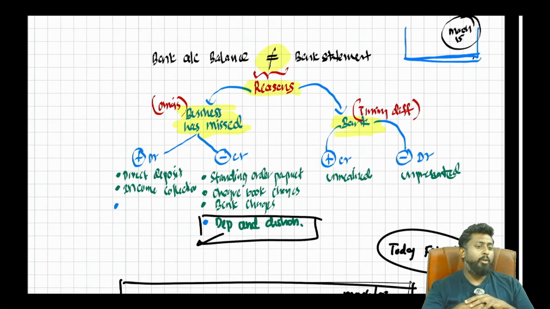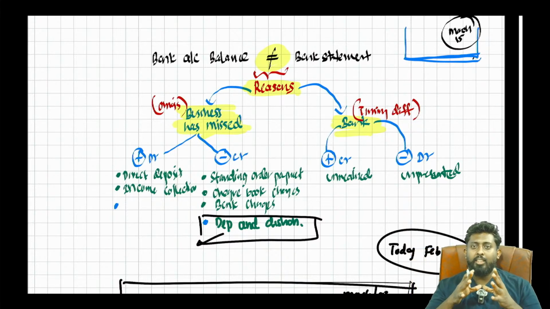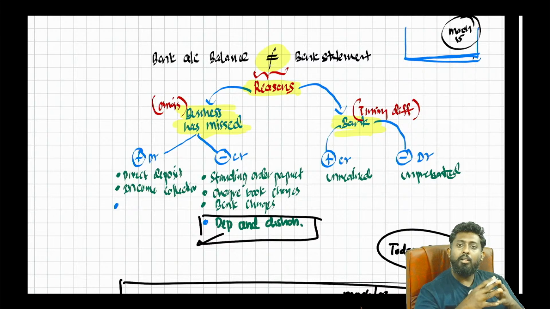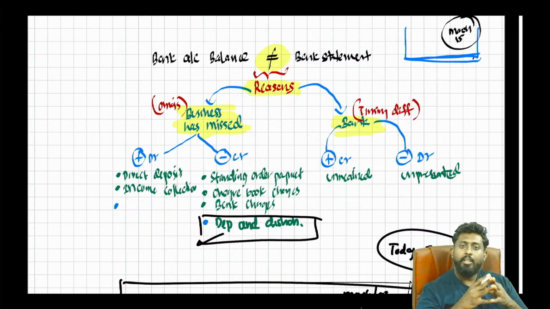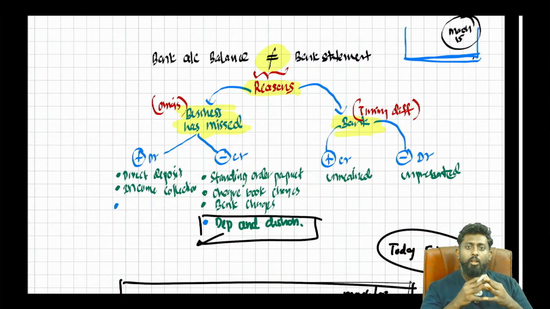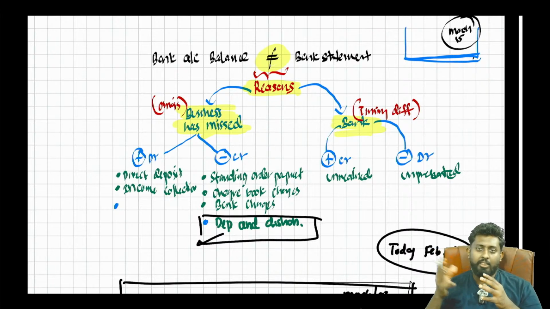As a summary, what is a bank reconciliation statement? It's a statement that is prepared when the bank account balance prepared by the business's accountant does not agree with the bank statement balance prepared and sent by the business's bank.